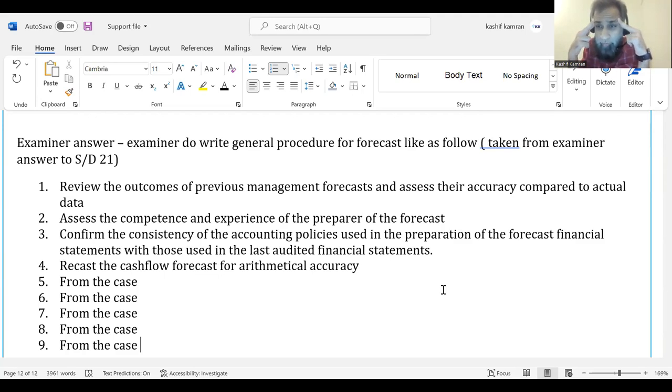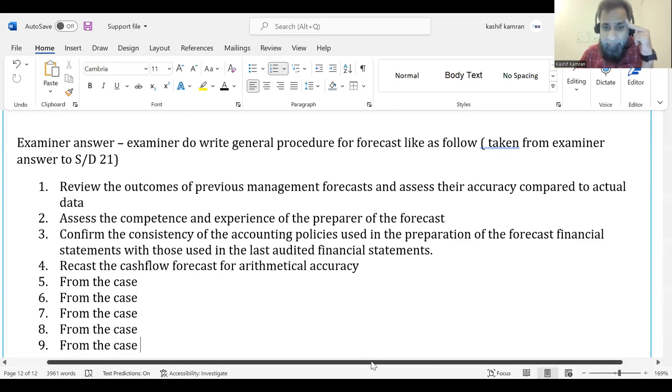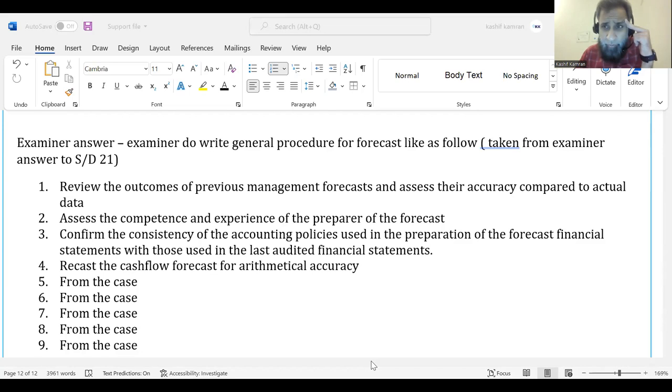The examiner wrote a total of 30 procedures, right? 4 divided by 30. Try to find the percentage of journal procedures in the total answer of the examiner. Tell me quickly. What's the answer? Anyone using the calculator? 13%. 13%. So in the examiner answer, what is the percentage of journal procedures?